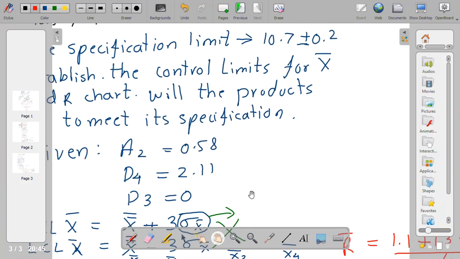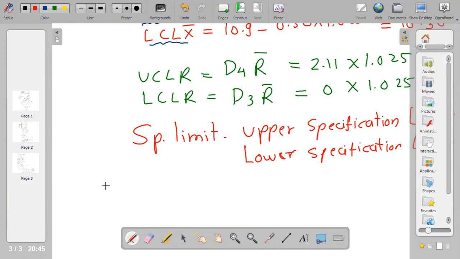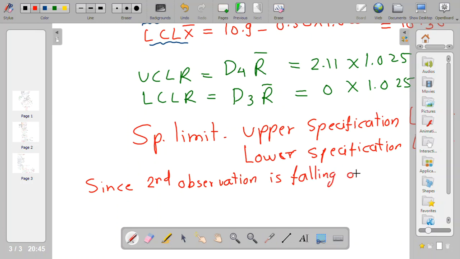So here, since the second observation is falling outside the upper control limit, the process is not in control.